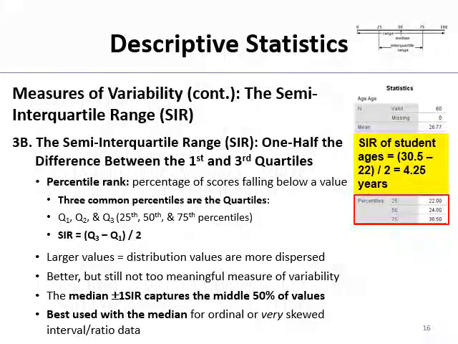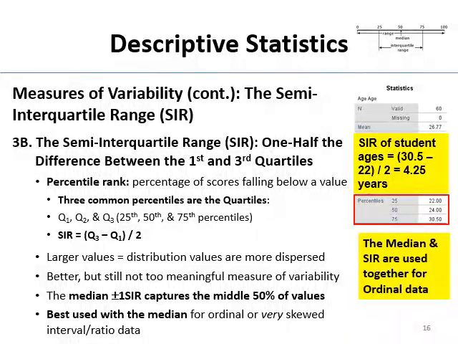It is best used when you've got ordinal data or very skewed interval or ratio data. So the median and the semi-interquartile range are what you would use as your measures of central tendency and variability for ordinal data, or for interval/ratio data if it was super skewed.